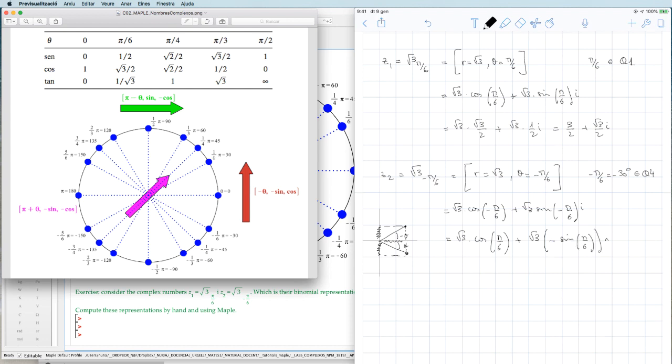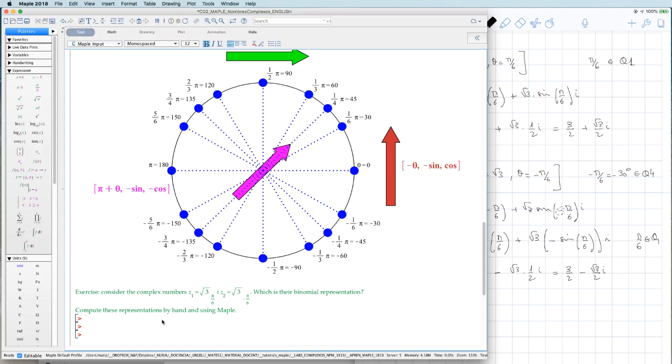So if I take out this minus, I need to put it in front. Now pi over 6 is in Q1, so I can go to the table: square root of 3 times square root of 3 over 2, minus square root of 3 times 1/2 i, which is 3 over 2 minus the square root of 3 over 2 i.